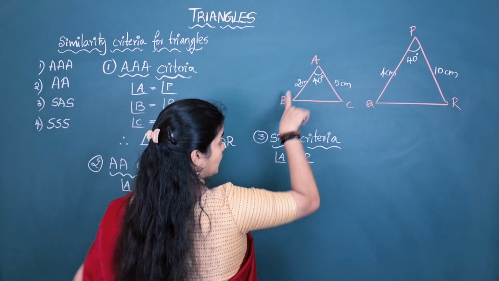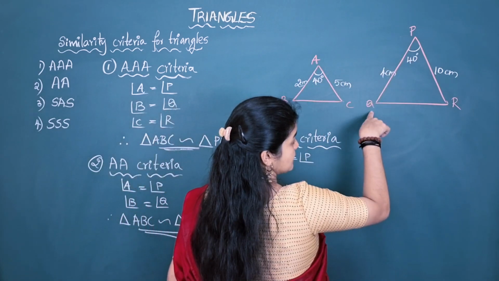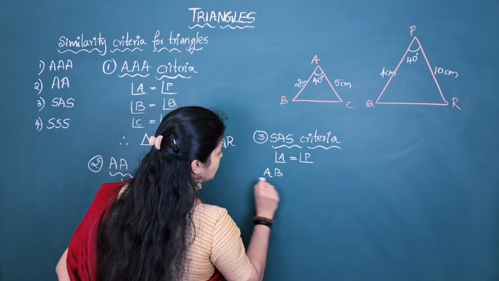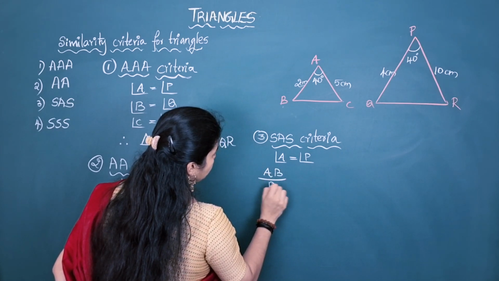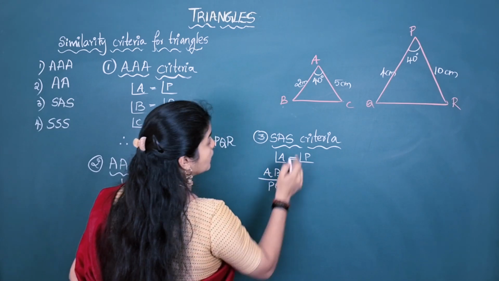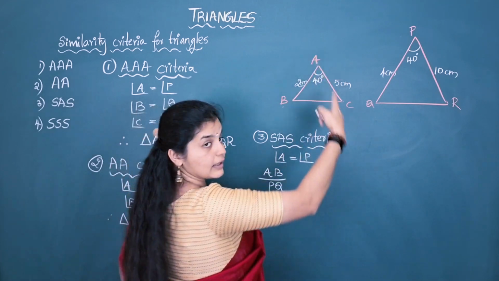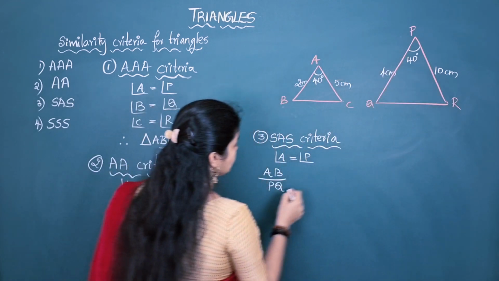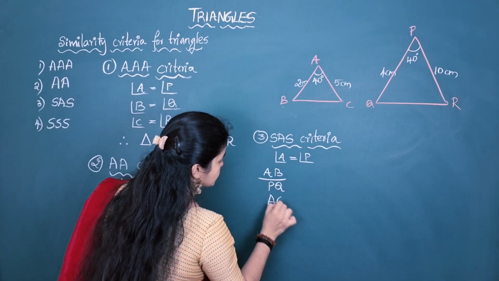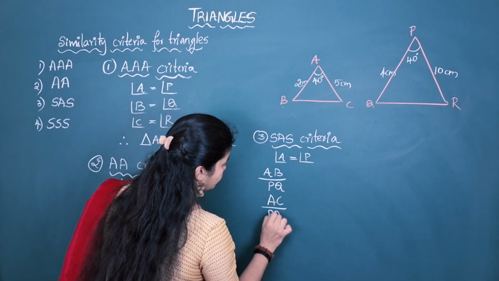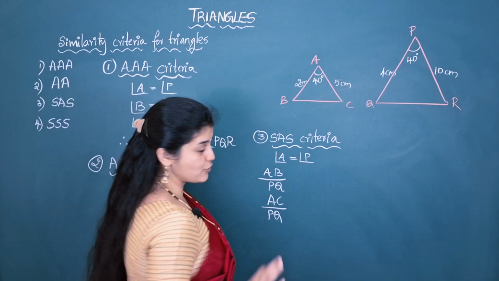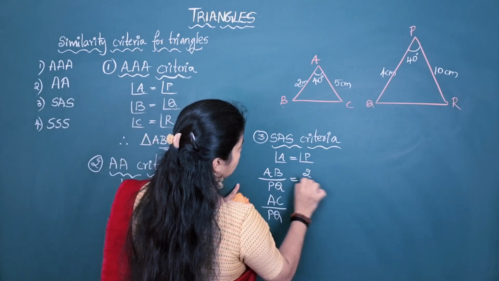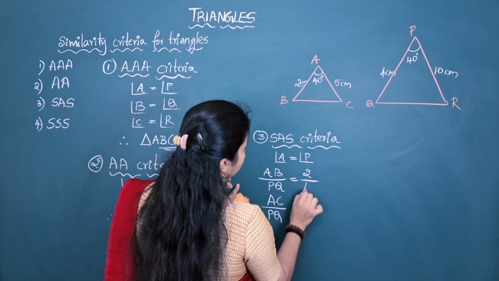Now consider the ratio of corresponding sides. AB side's corresponding side is PQ. Find the ratio AB by PQ. Another corresponding side that we have considered is AC and PR. So AC by PR. You have to find this ratio. AB is 2, PQ is 4.